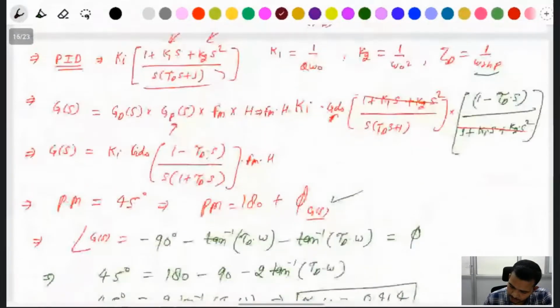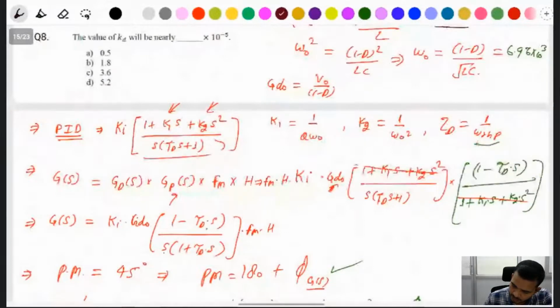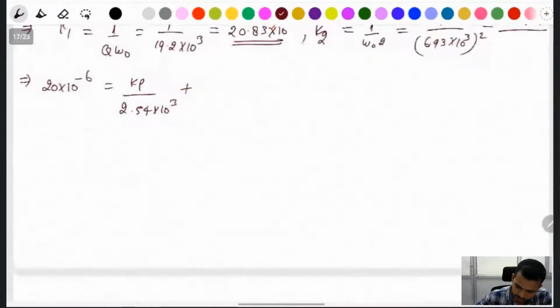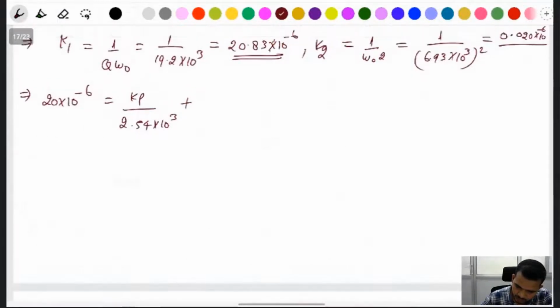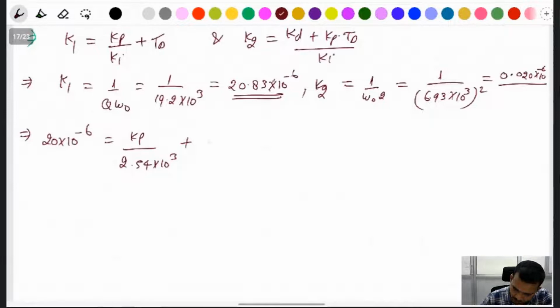Tau d value is known here, one upon omega RHP. So this tau, we find tau is I think 2.08 microseconds.